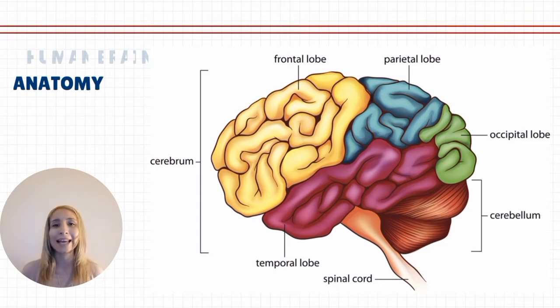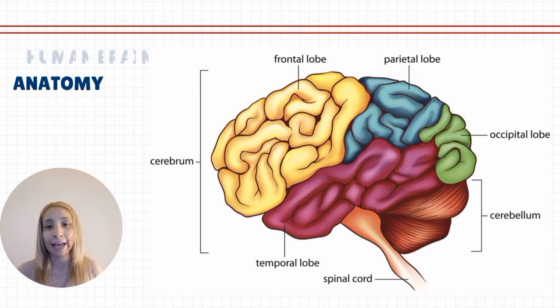So we say the brain has two hemispheres, the right and left. What is the most important or dominant? Both are important and dominant. Why?